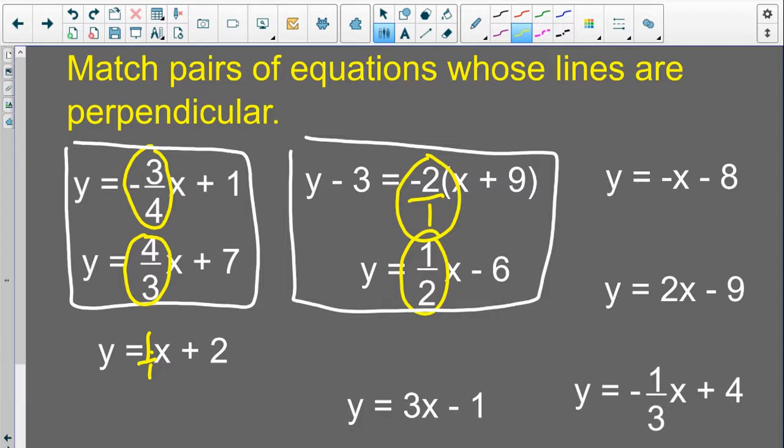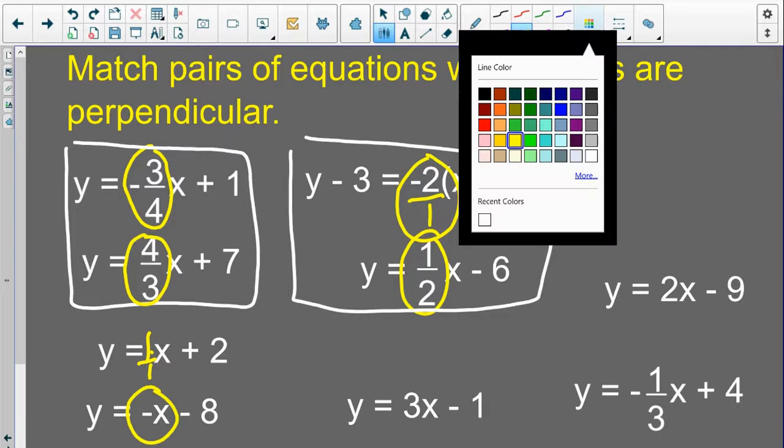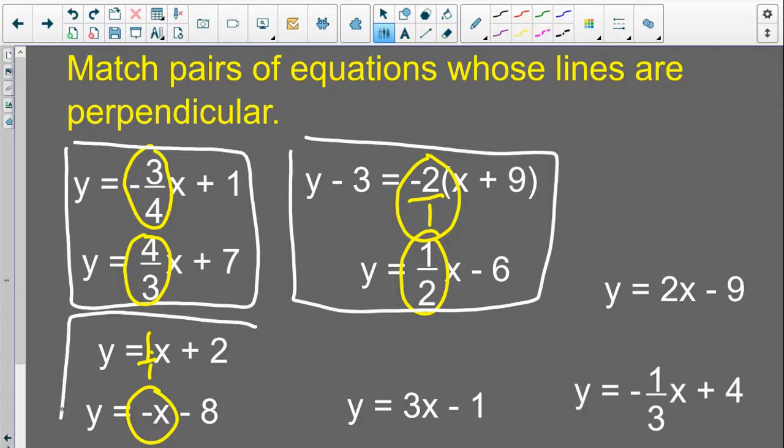And if I flip the fraction upside down, it's still going to be 1/1. Okay, so in other words, I need a slope of -1. I look at my equations, and I see that I have one right up here with a slope of -1. So those two, if you were to graph them both on the same coordinate plane, would be perpendicular.